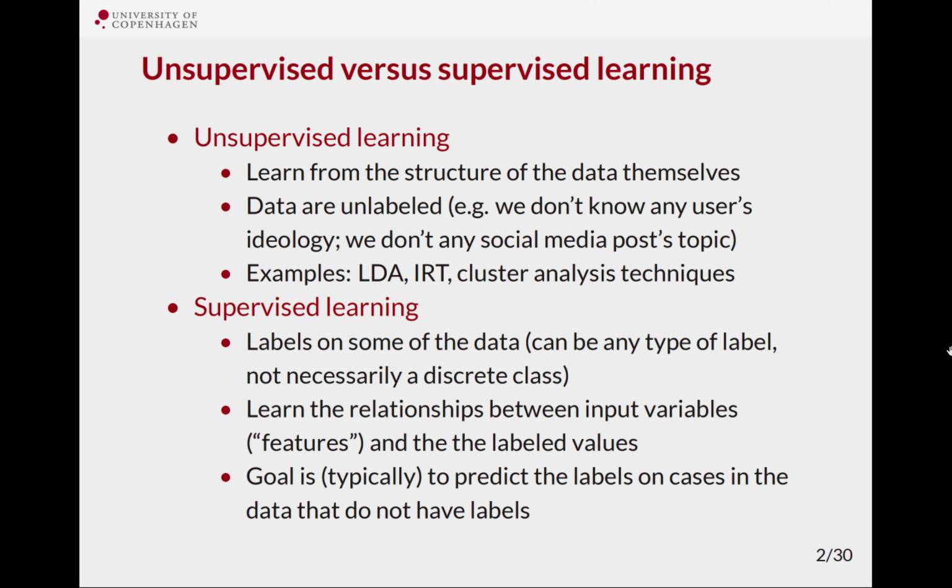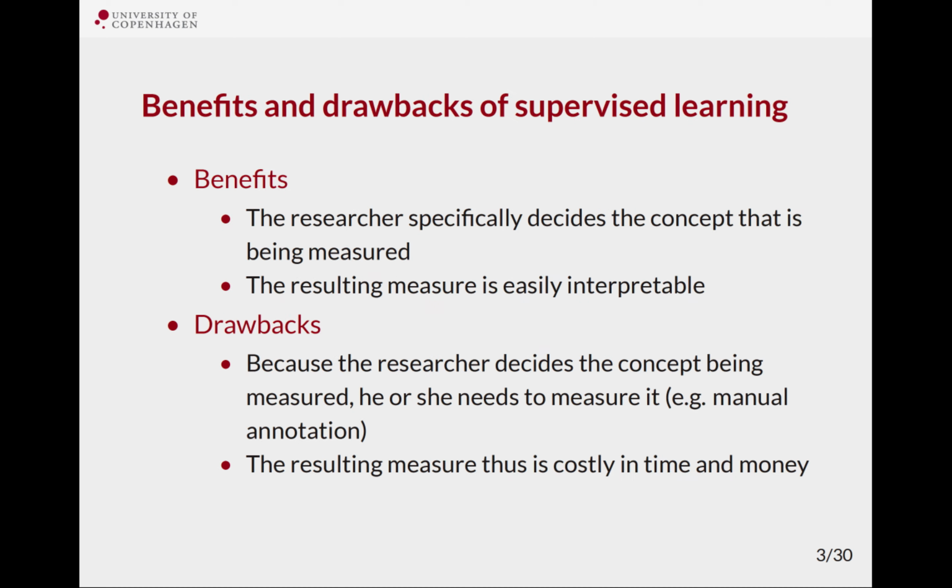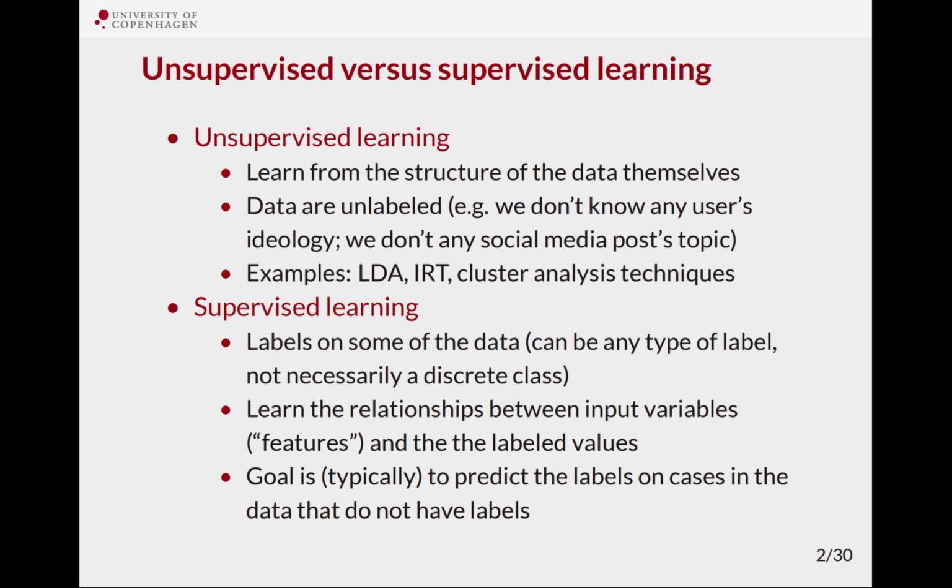Our goal is then, typically, although not always, to predict the labels on the cases that we have labels for, and then use that model to make out-of-sample predictions for the data that we don't have labels for. This is important for a number of reasons, especially if we want to scale up.